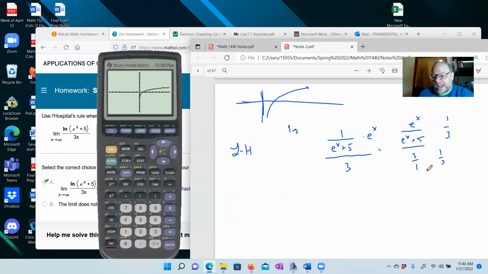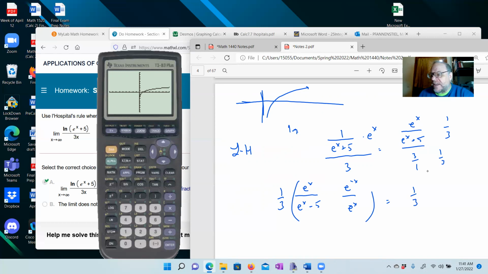Okay, so we have 1/3 e to the x over e to the x plus 5. And it still kind of looks like it goes to infinity, but we're going to apply a different rule that you learned in Calc 1. We're going to multiply by e to the negative x over e to the negative x. Okay. So what's going to happen here is we get 1/3, what's this one?